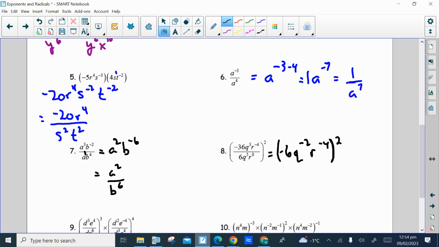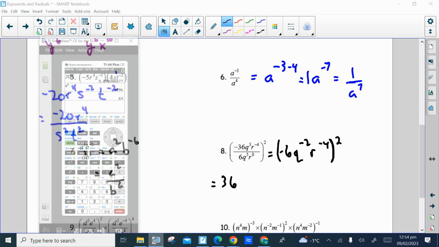Now we will square everything inside the bracket because we have that power 2 outside. And that includes the negative 6. Negative 6 needs to be squared. You're squaring both the negative and the 6, which will give you positive 36. And again, you can do that on your calculator. You just have to make sure that you put the negative 6 in brackets.